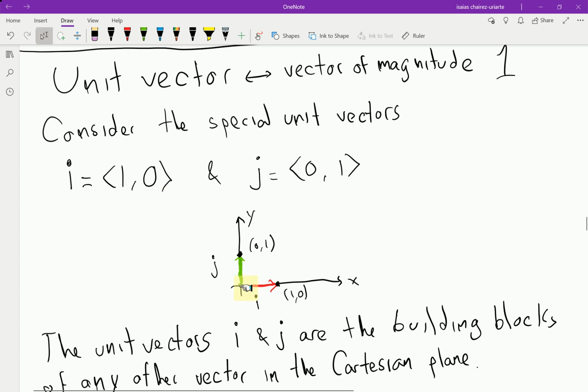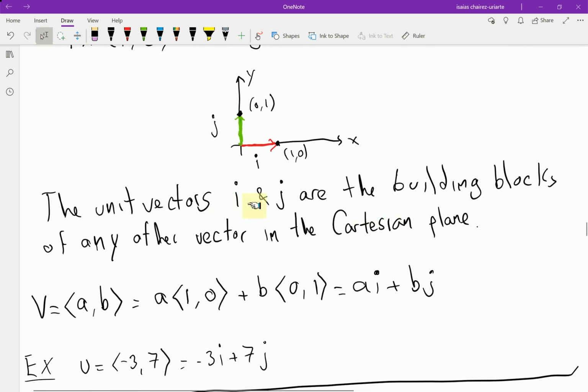It points in the positive x-axis. It's this guy in red down here. And then there's this other special unit vector called j, 0, 1. That guy points in the y direction. It goes all the way to 0, 1. So j is my vector that points in the y direction, i is my vector that points in the x direction, and they're both of magnitude 1.